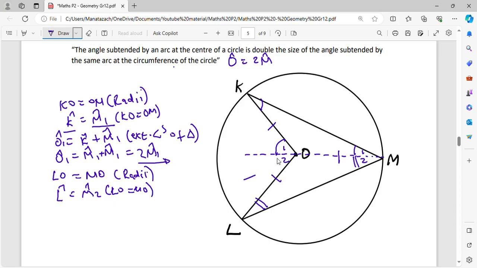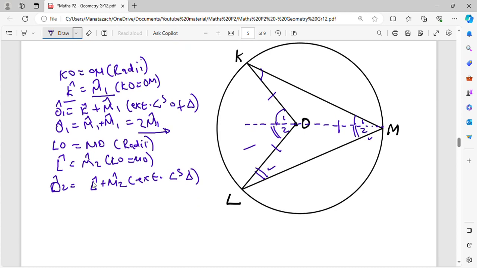And then we can likewise see that angle O2 is equal to the sum of angle L plus angle M2. So we'll say here O2 is equal to angle L plus angle M2. The reason is exterior angle of a triangle. We've established that angle L and M2 are equal, so we can replace angle L by M2. Then you'll have 2 angle M2.